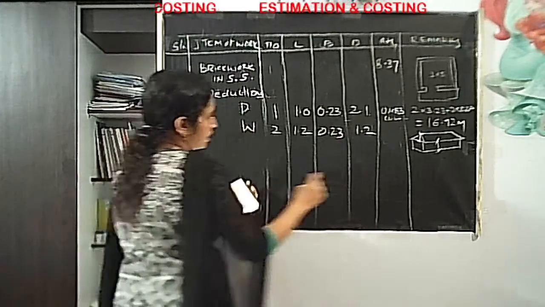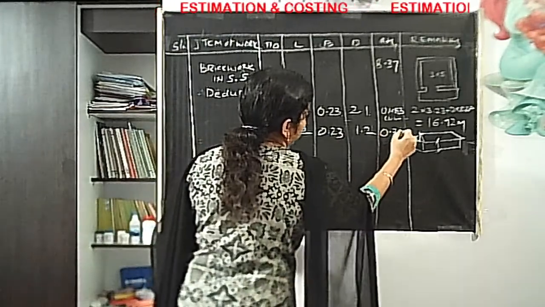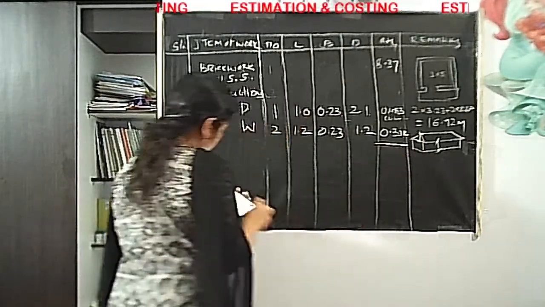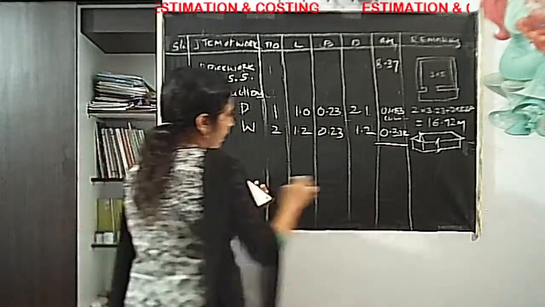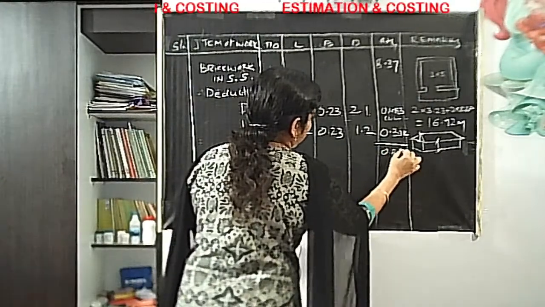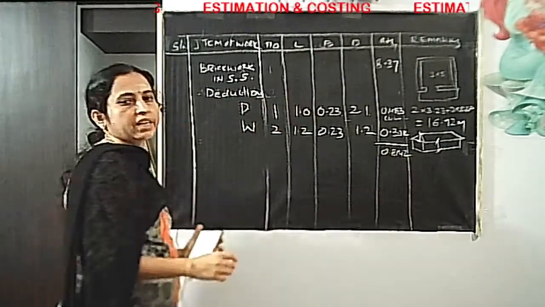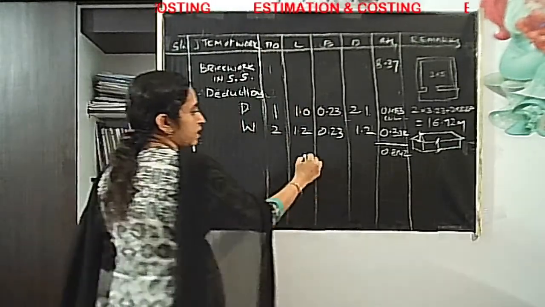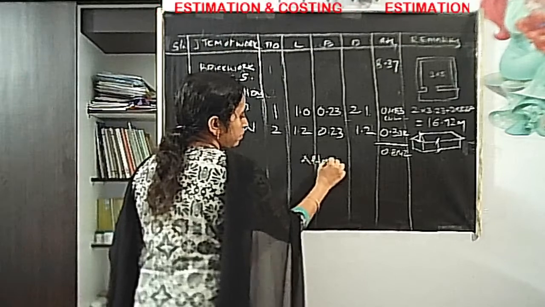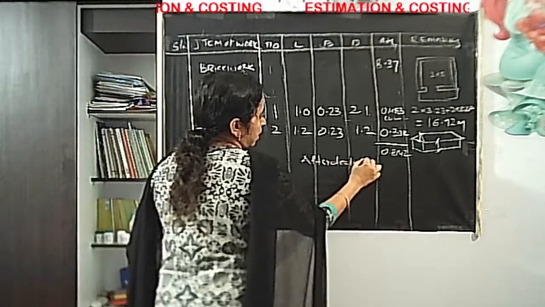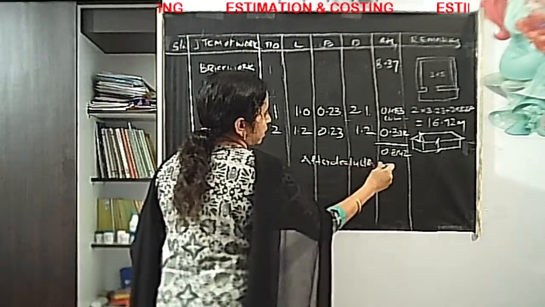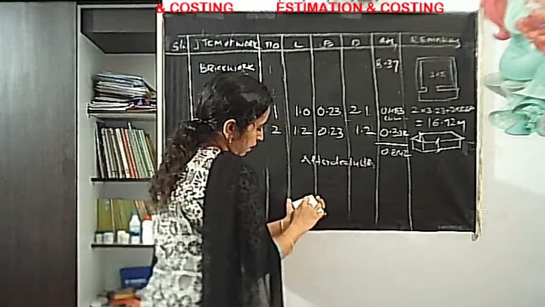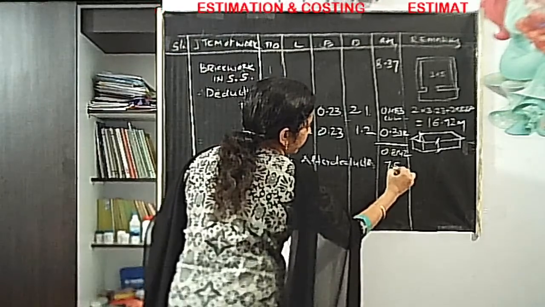So, 0.3312. So, total deductions will be 0.8142. So, after deductions, your total brickwork is 7.55 cubic meter.